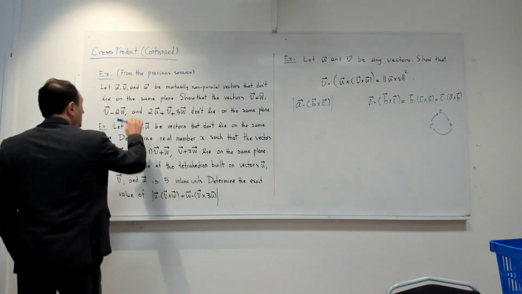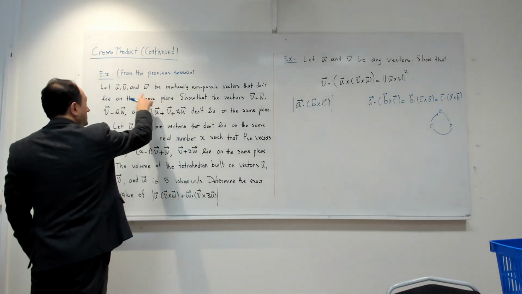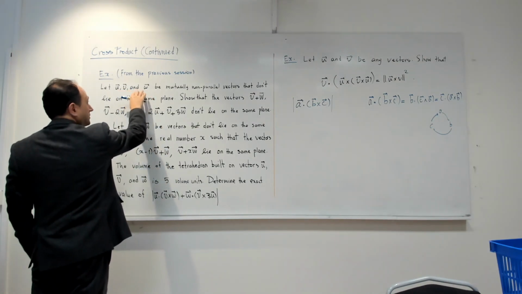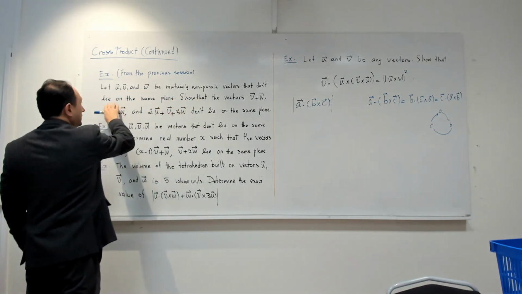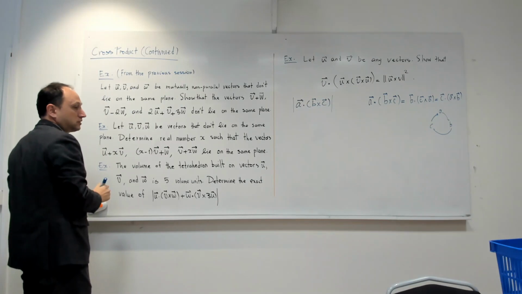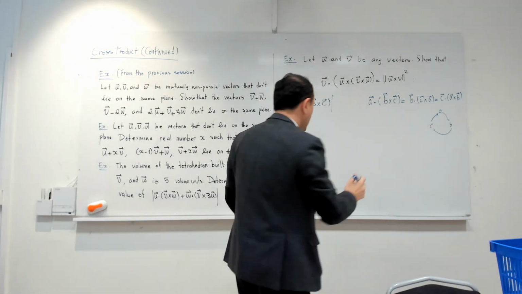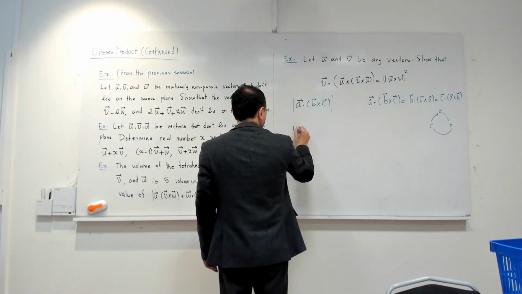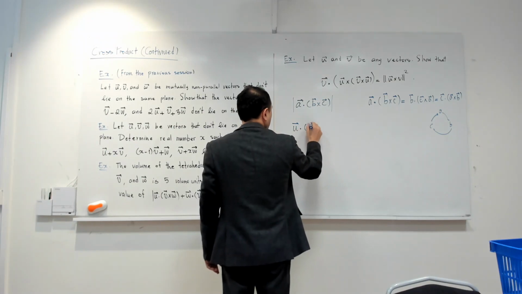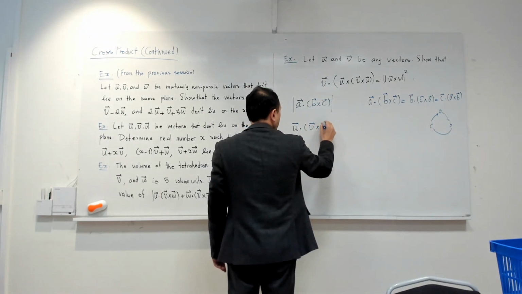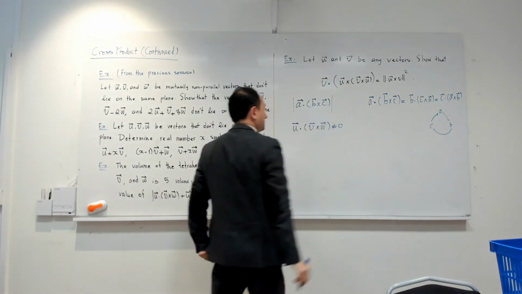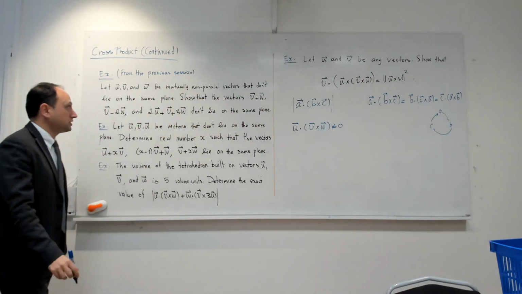Okay, so here if you read the first sentence, this tells you that these three vectors don't lie on the same plane. So this translates itself to this. It means that U dot V cross W is not equal to 0. This is the meaning of the first sentence.